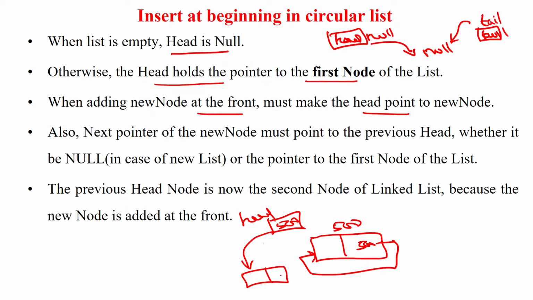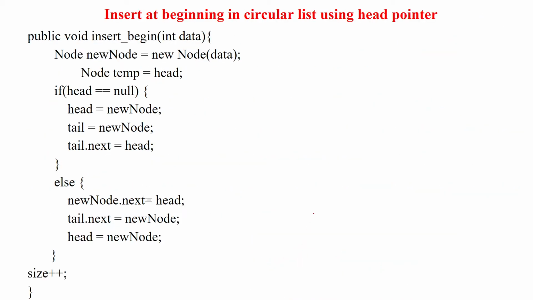The new node's next will point to the previous head, and the tail pointer should denote the new head. Suppose it is 100, then it will update the next field of the tail node, right? So the new head has the address of the previous head. For this, we can use two different pointers.